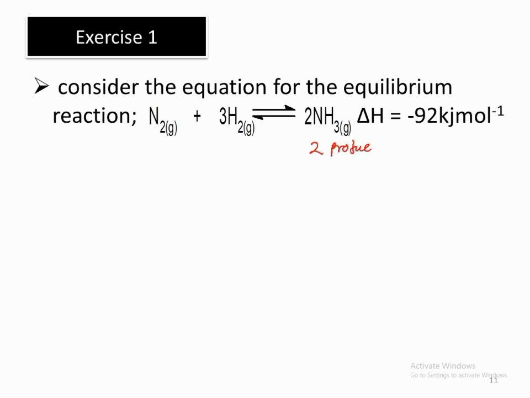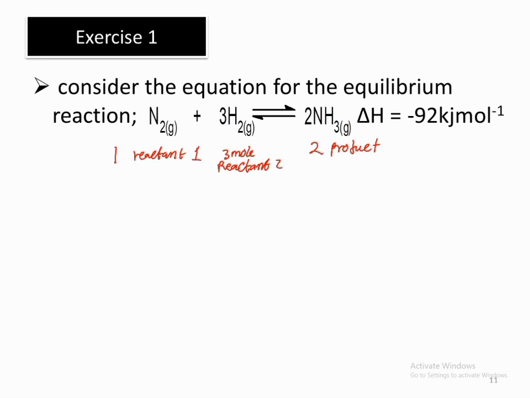Then here we have 1 mole of reactant 1, and then we have 3 moles of reactant 2.